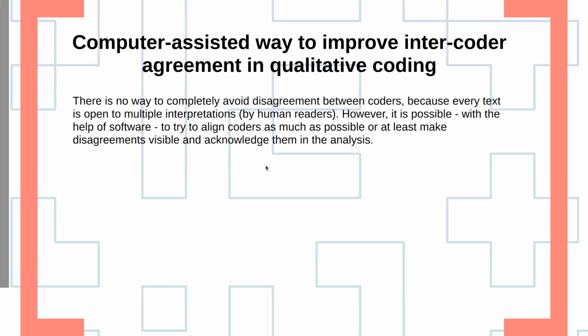Some texts, for example, we consider difficult to code, and we know why they are difficult, and we can even exclude them from the analysis because they are too difficult to code. And this is not possible to do without a computer, or it would be very difficult to do manually, on paper.